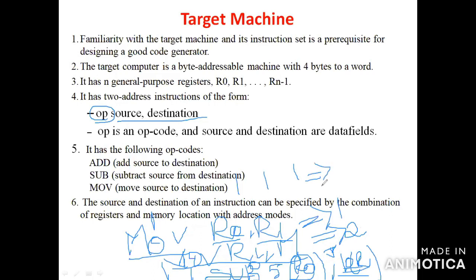So the total is 3. For the three instructions, the total cost is 1 plus 2 is 3, 3 plus 3 is 6. Similarly, you have to calculate it for other target machines.